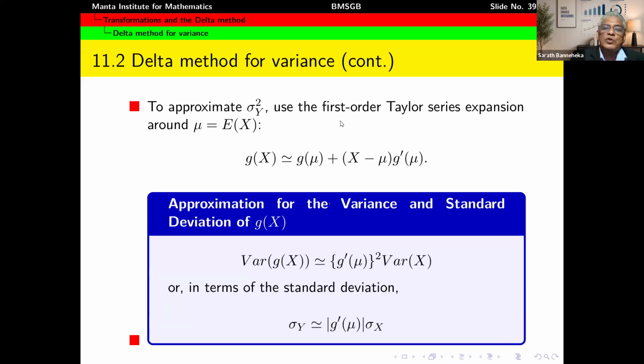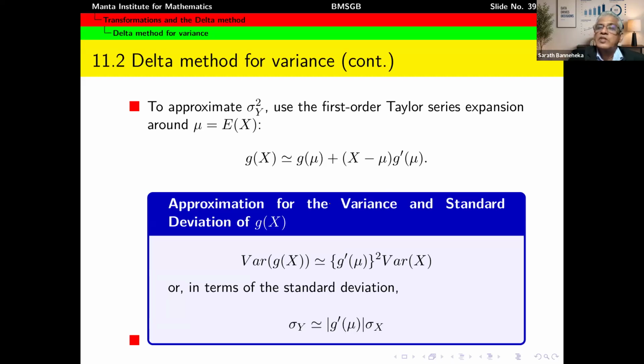So the variance of this whole thing is like the variance of a constant plus another constant times a random variable. It's like the variance of ax plus b. We know that is equal to a square times the variance of x. So if I apply that standard result here, the variance of g(x) will be equal to the square of this quantity times the variance of x minus mu.